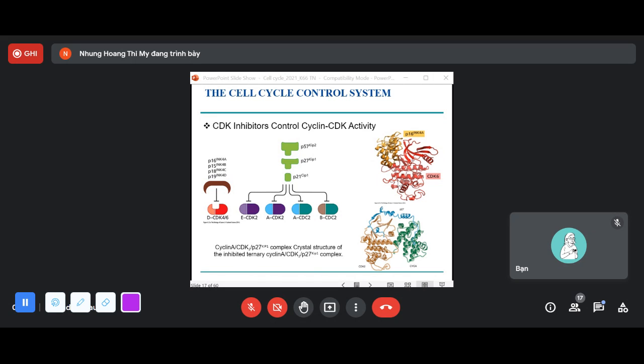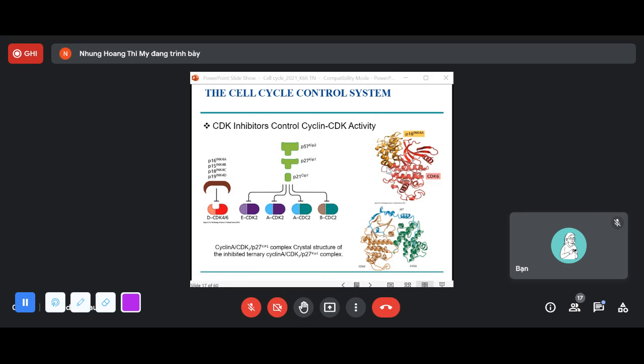So in the image on the right, they illustrate that the binding of the CDK6 and its partner cyclin D can be interfered with by the appearance of P16INK4A, the CDK inhibitor. So if there is INK4A here, this protein can interfere with the binding site of CDK6 with the cyclin. So CDK cannot bind to the cyclin and the activity is inhibited.